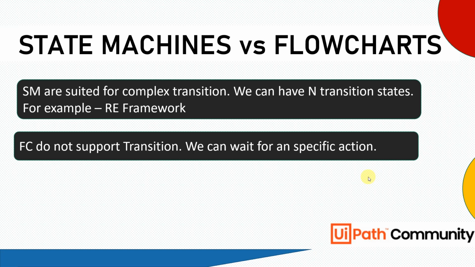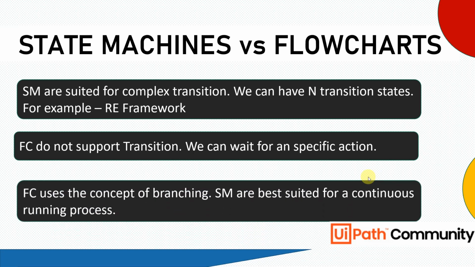We can use element exists, but that is a separate part. In the flowchart we have only the if condition and branching, so I cannot hold the automation at that point. Either the condition will be true or it will be false. I cannot hold the flowchart to wait for something to happen and then execute. That is the difference which the state machine brings into the picture.